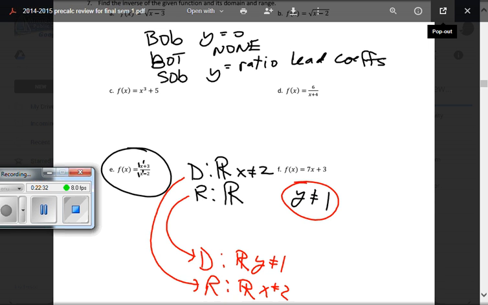And wait a minute, domains and ranges would have to be reversed. Domains aren't about y's, so I change this to x. And ranges aren't about x's. Y cannot equal 2. It's a not equal sign. That's so messy. I'll try again. Y not equal to 2.